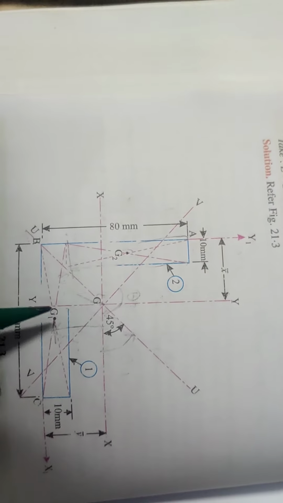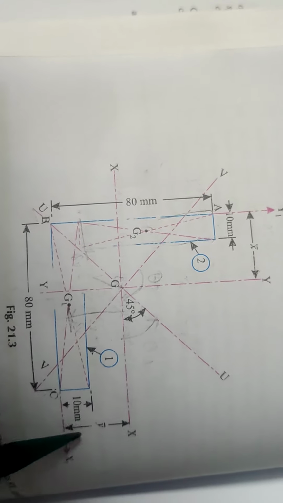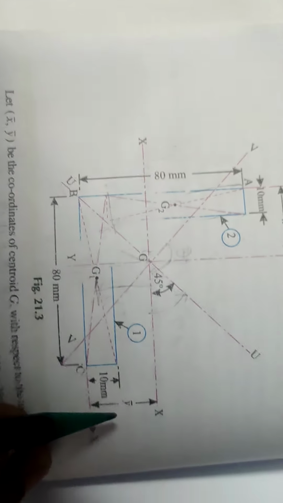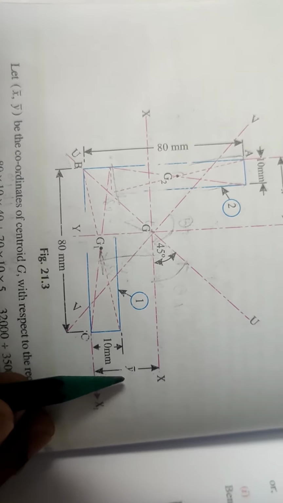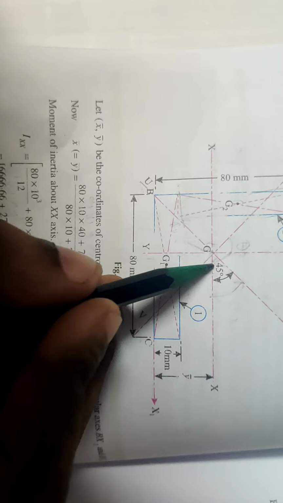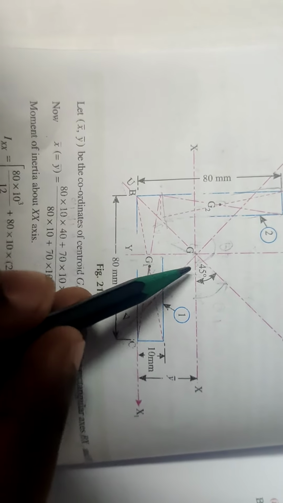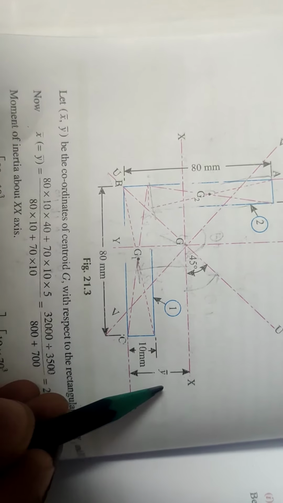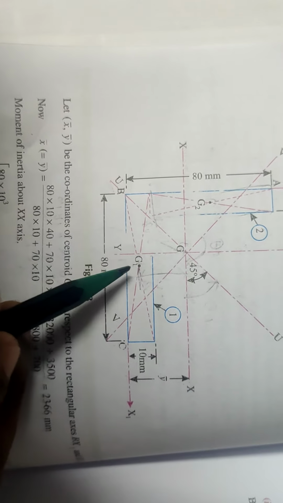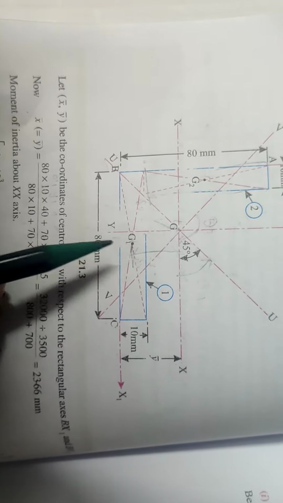The y bar for G is 23.6 mm. The y value for G1 is behind the value of G, so it is 23.6 minus 5.